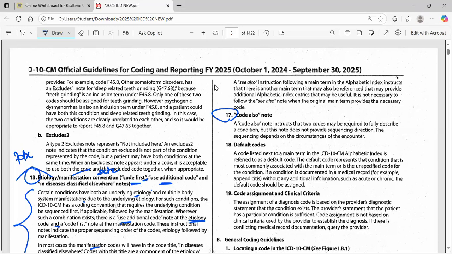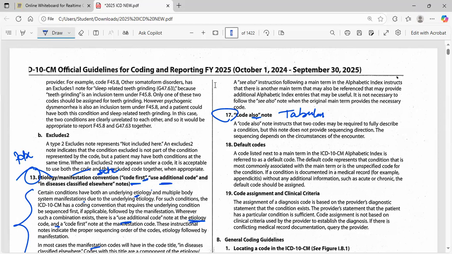We can use that code as primary or as secondary based on the reason for the encounter. Code also is not listed in the alphabetic index. It is listed in the tabular list only.